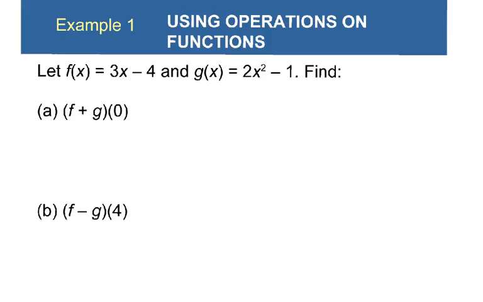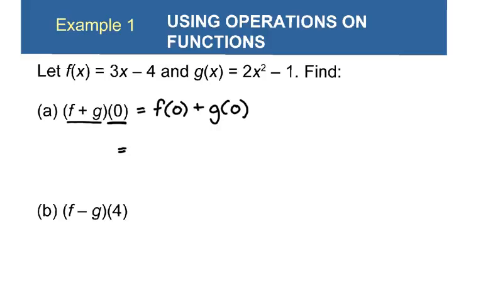All right, using these operators, what you need to get used to is the form that they write it in. This f plus g and then of 0 doesn't mean times 0. It translates to f of 0 plus g of 0, because what is in the parentheses is our x value that we're plugging into our functions. To determine the value of f plus g of 0, we're just going to plug in 0 and add them together.